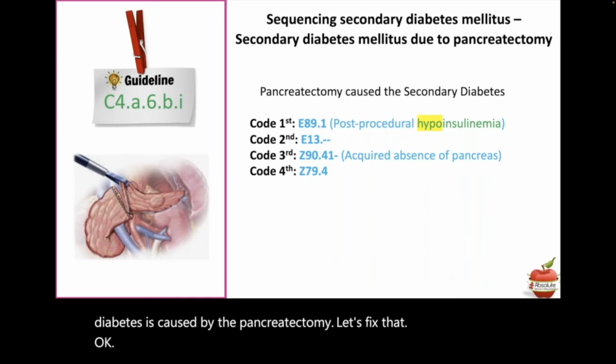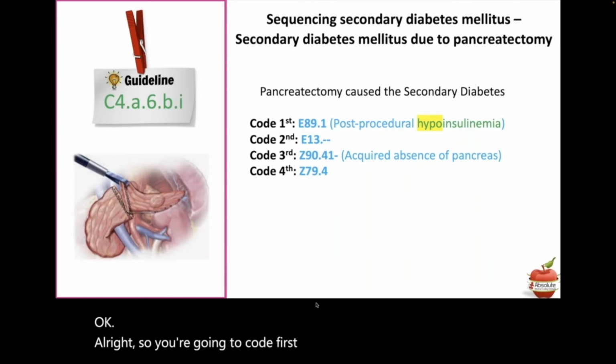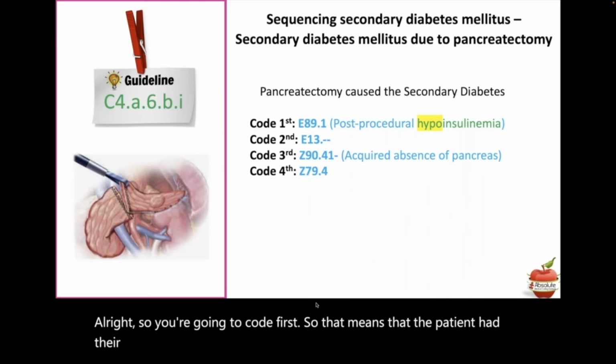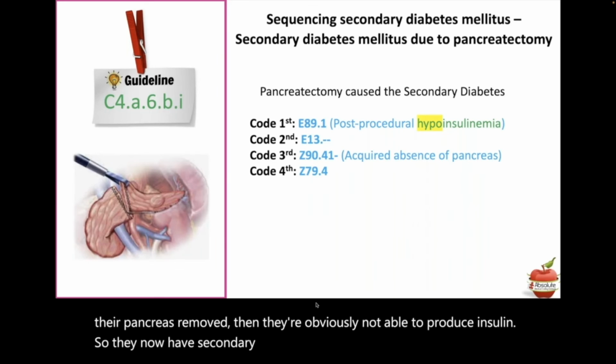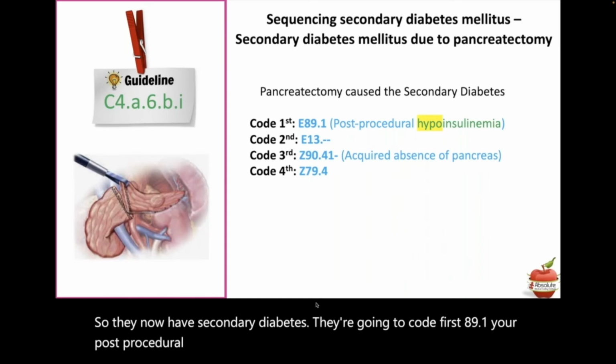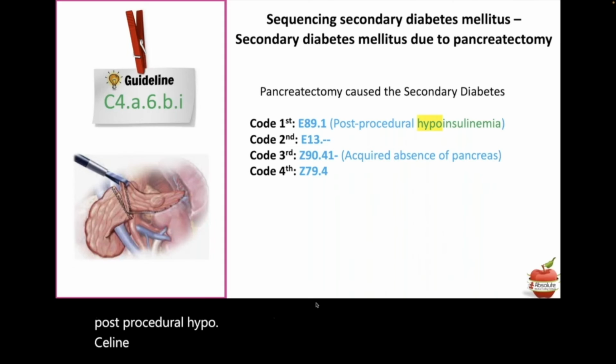All right. So you're going to code first. That means if a patient had their pancreas removed, then they're obviously not able to produce insulin. So they now have secondary diabetes. You're going to code first E89.1, post procedural hypoinsulinemia.